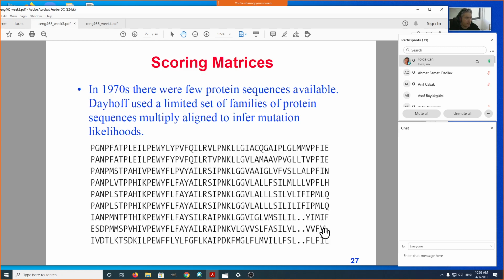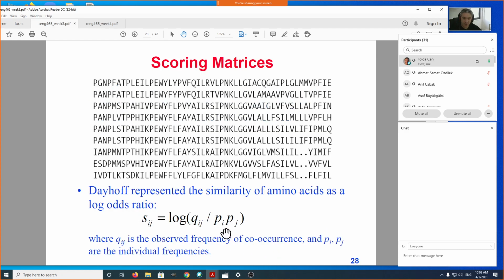Okay, so the probability of a random mismatch of two amino acids is basically pi times pj. If pi is the frequency of amino acid I in nature, and pj is the frequency of amino acid type J in nature, the probability of randomly matching these two specific types of amino acids in a column is pi times pj.